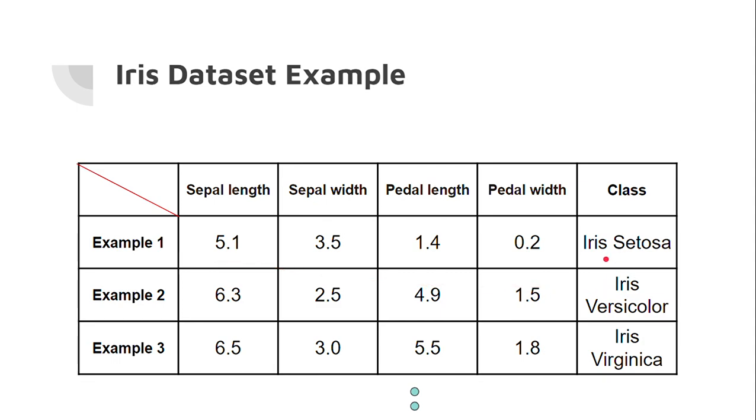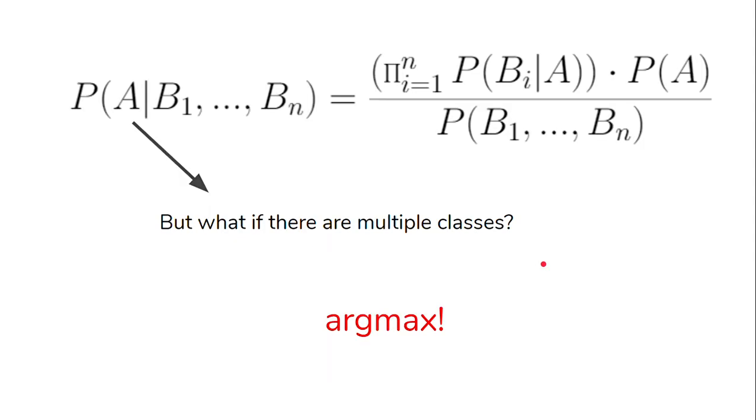So what it's doing essentially is plugging these values in as your B1 to Bn, and then it's outputting this as your event A. So what we're doing here is we take these four attributes initially and plug them into this B1 to Bn. Then we take three different classes, the setosa, versicolor, virginica, and plug them into this event A. And we solve for this all three times.